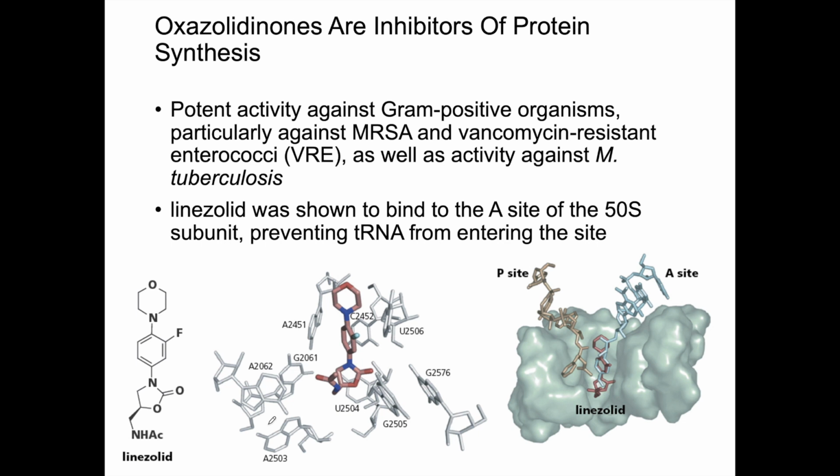Finally, the last group of drugs that target the ribosome are oxazolidinones. And so the example here is linezolid, and it fits into a pocket of the ribosome. So it blocks the tRNA from entering the ribosome.